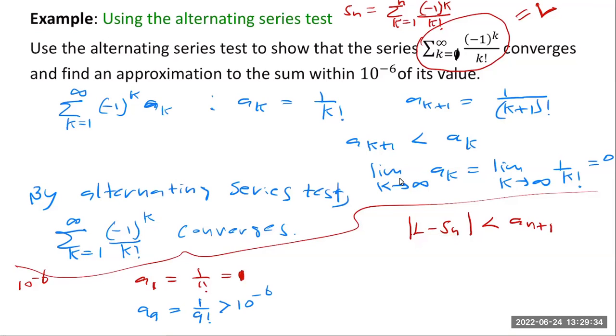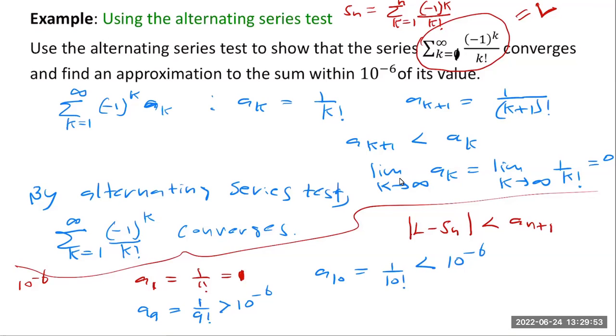But if I try A10, that is going to be 1 over 10 factorial, which is of course less than 10 to the power minus 6.